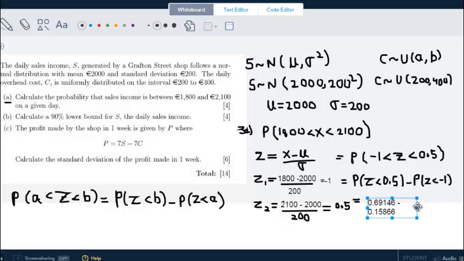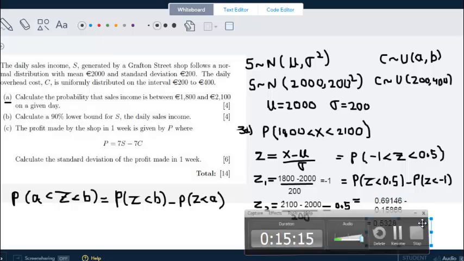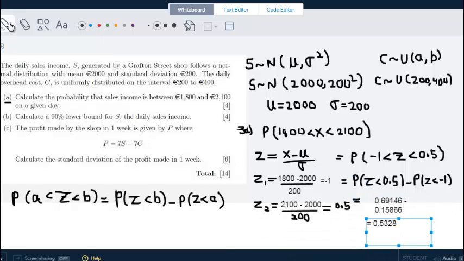Now you just need to calculate what's remaining, and you will get the final answer as 0.5328. That is the probability that the sales income is between 1800 and 2100 is 0.5328.